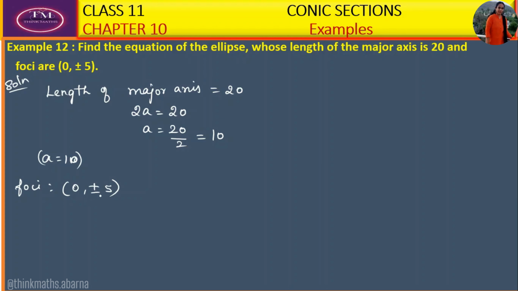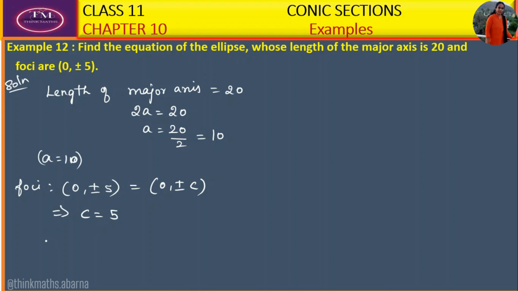That means, if the foci is in the y coordinate, then the major axis is the y axis. So this will be 0, comma plus or minus c. Therefore, c is equal to 5. So we got a is equal to 10 and c is equal to 5.